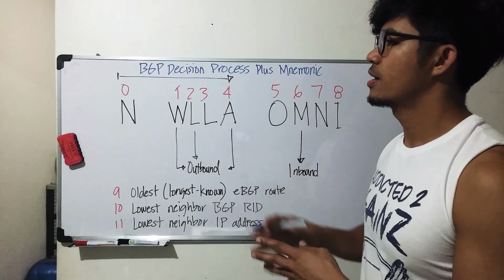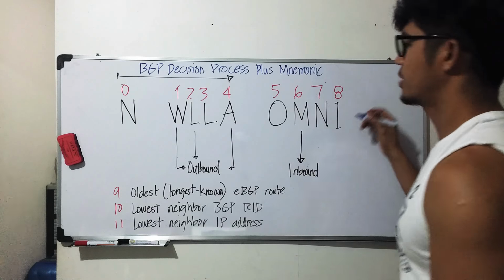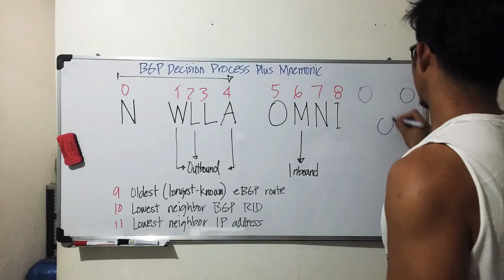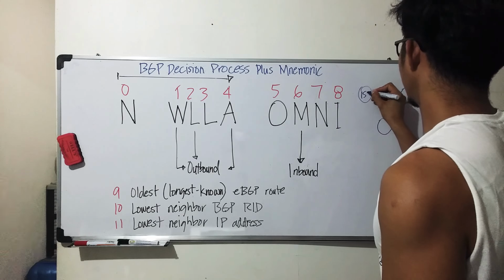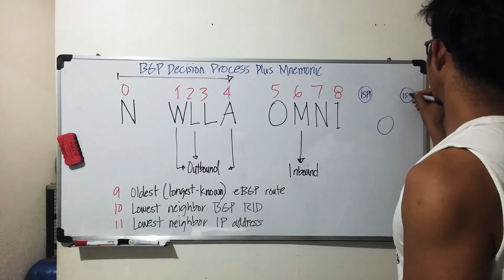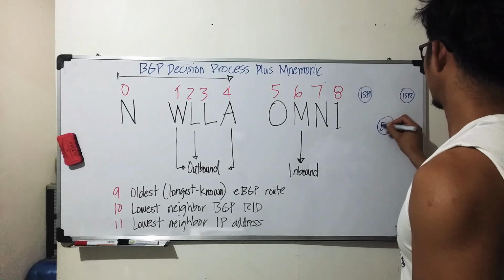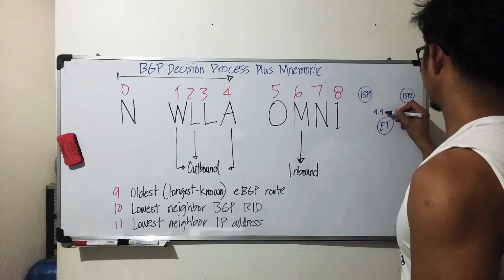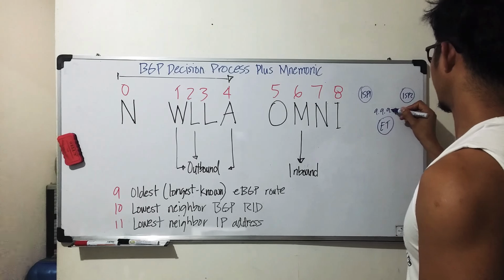And of course, let me just give you an example here. ISP1, ISP2, and 1.9.9.9.9.9.